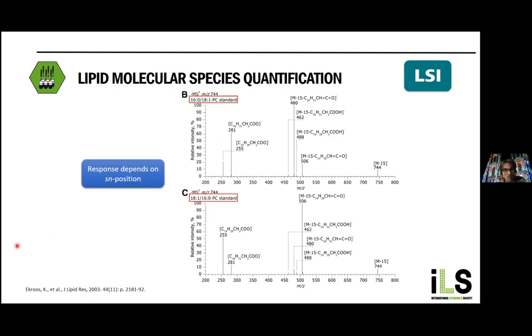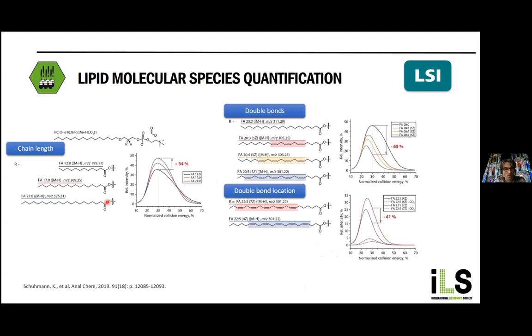Already yesterday it was mentioned that Andrej Shevchenko's lab came up with a model. Kai Schumann in Andrej's lab developed a model for these response corrections, because you have not only the SN position, but also the chain length has an effect on the response, as well as double bonds.